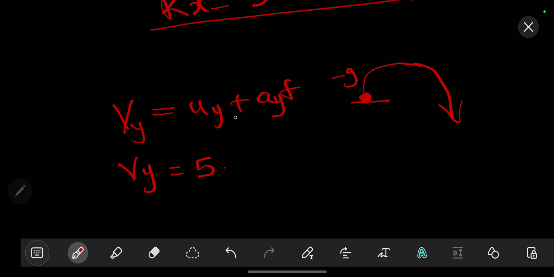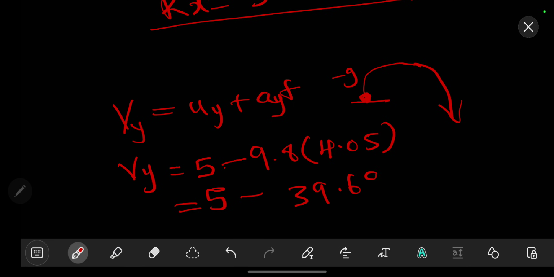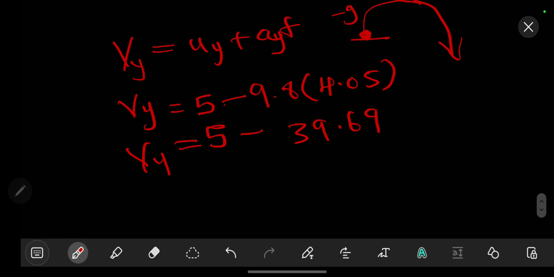So we say negative 9.8 times our time, the flight time, which is 4.05. So 5 minus 9.8 times 4.05, where 9.8 times 4.05 gives 39.69.